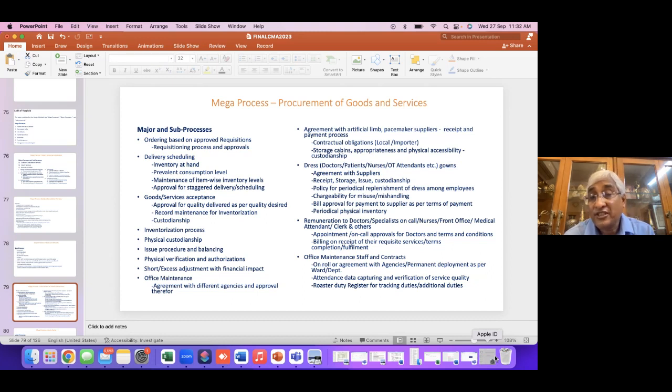Remuneration to doctors, specialists on call, nurses, front office people, all these are again as per the pay structure approved by the HR department. And any doctor having some special pay, that also is to be looked into, because maybe a doctor is pulling the maximum patients in the hospital.